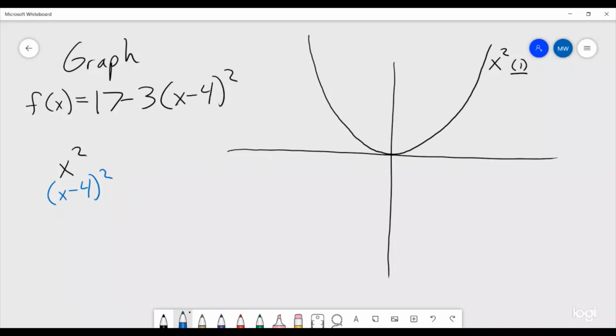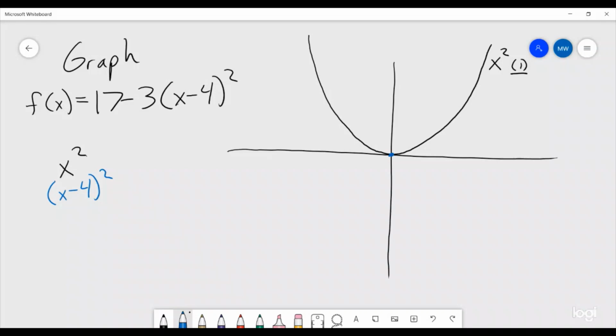Well, (x − 4)², if we're trying to remember, okay, that's a horizontal shift of some sort, but is it shifting 4 blocks to the right or 4 blocks to the left? If we are subtracting 4, that means this is behaving like 0 in x² when x is equal to 4 in (x − 4)². We knew that x² was 0 when we put in 0.